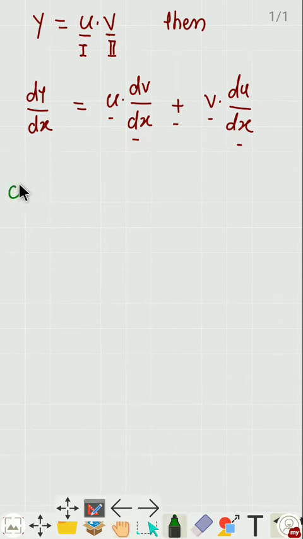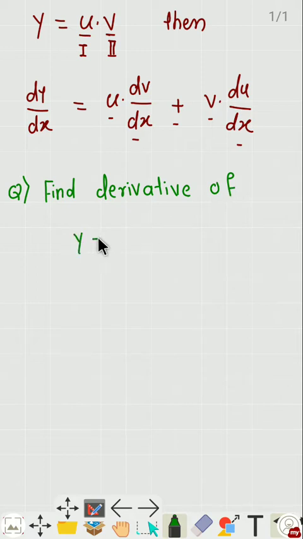Question is, write down question, find derivative of function y is equal to, now just take a product of two functions, e raised to the power x into log of x. See here, this is the product of two functions, e raised to the power x, and second function is a log x function. Okay, so we write the answer of this question now.